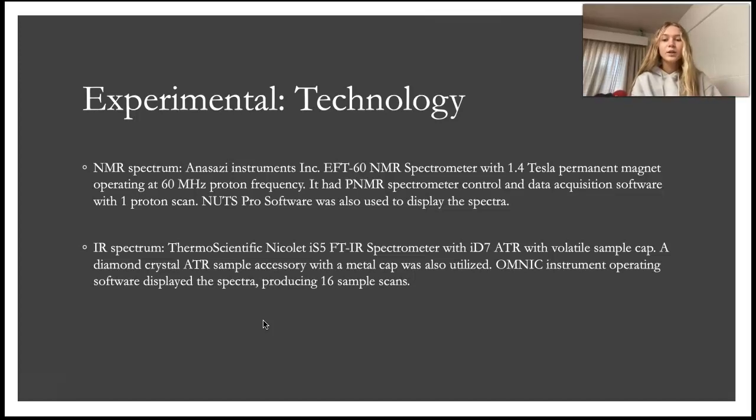And then the IR was the Thermo Scientific Nicolet iS5 FT-IR spectrometer with iD7 ATR with a volatile sample cap. A diamond crystal ATR sample accessory with a metal cap was also utilized. The OMNIC instrument operating software displayed the spectra, producing 16 sample scans.